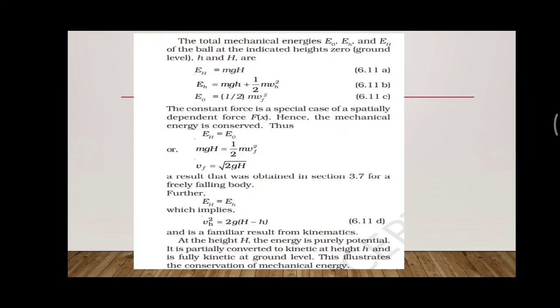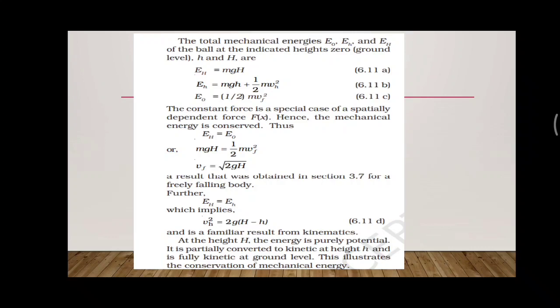Kinetic energy is 0, and the potential energy value will be maximum, m into g into capital H. Now coming to another point in between the path, where the kinetic energy and potential energy values both will be there, but their sum will be equal to the total energy. So mgh plus half m vh square is the energy at the point of height h.